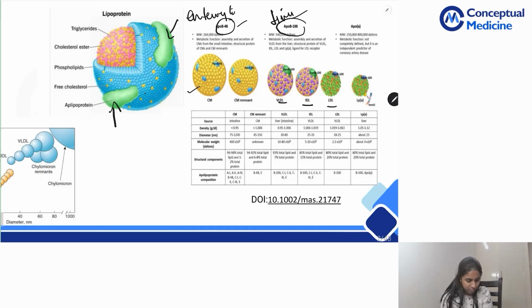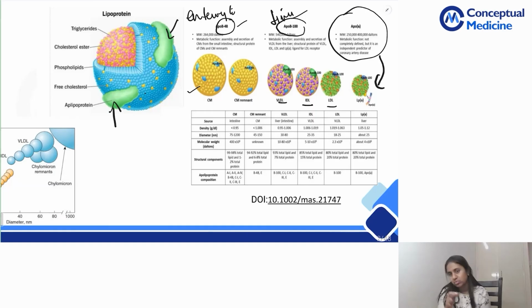And of course, we have a special apoprotein called apoprotein a. This is going to be the key molecule in the coming future. It has gained a lot of momentum in modern medicine, and we will have a separate session on this lipoprotein a, which will be dealt with in part 2 of this chapter.